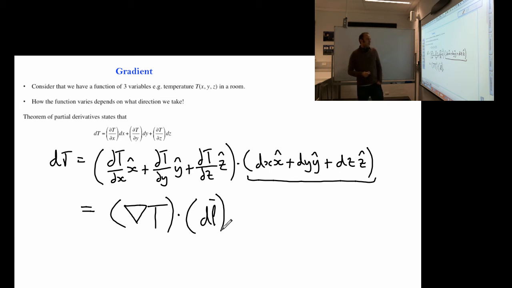Okay, now if you recall, of course, x hat dot x hat is going to be equal to 1. y hat dot y hat is going to be equal to 1. But x hat dot y hat is going to be equal to 0.